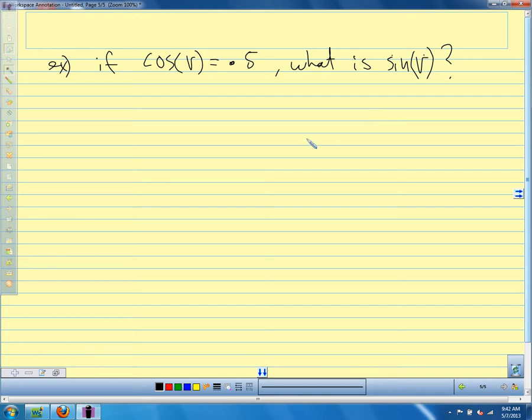We're using the Pythagorean identity. Sine squared v plus cosine squared v equals 1. So I'm just plugging in my numbers. Just like our last problem, sine squared v plus 0.5 squared equals 1.